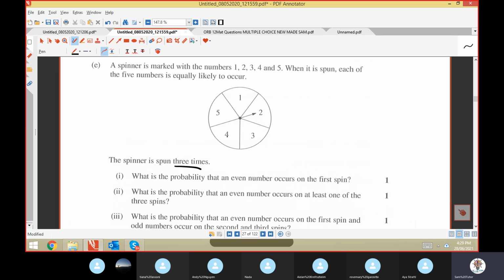That's just a simple 2 out of 5. So probability of even equals 2 out of 5. What is the probability that an even number occurs on at least one of the 3 spins? Anyone guide me through what they're thinking of when they say at least one of the 3 spins?